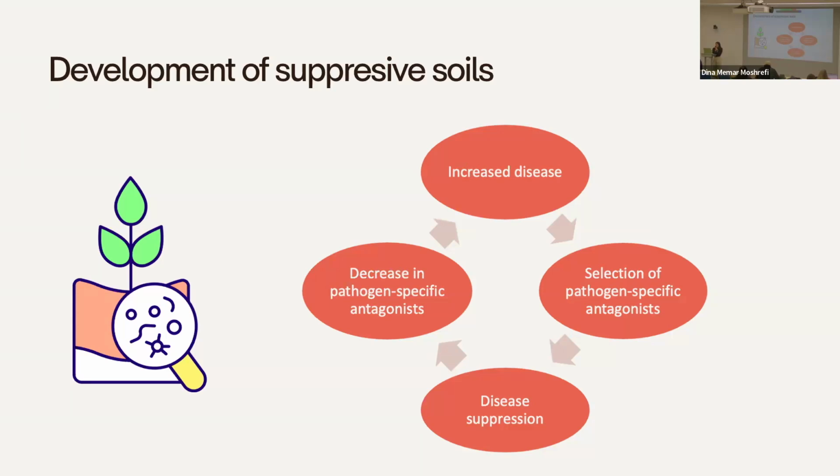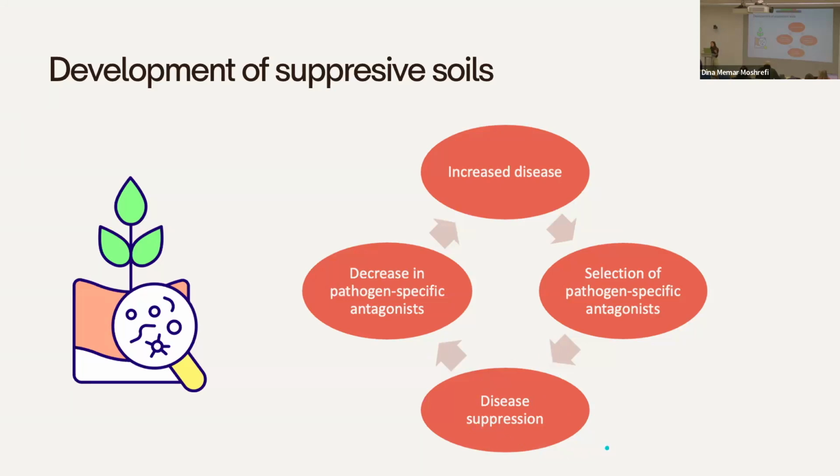What we think we're seeing in our results is that we are capturing a snapshot of our community at this point, where we see that increase in disease pressure, and we start to see that selection of pathogen-specific antagonists. But because we're always trying to reduce the level of disease, once we have that high level of disease, we just never get to this point with our current management strategies.